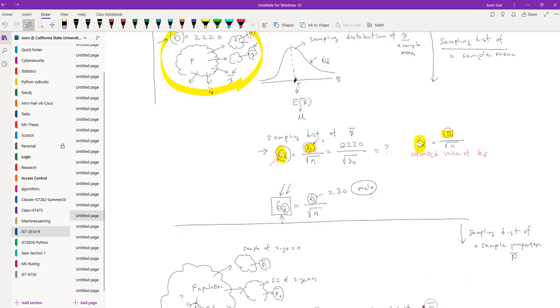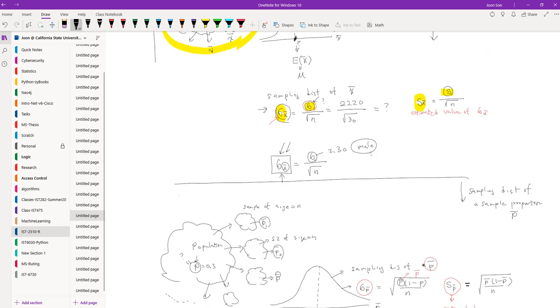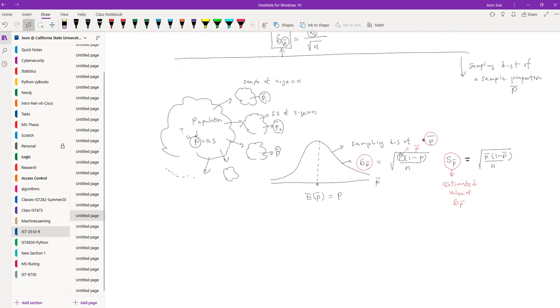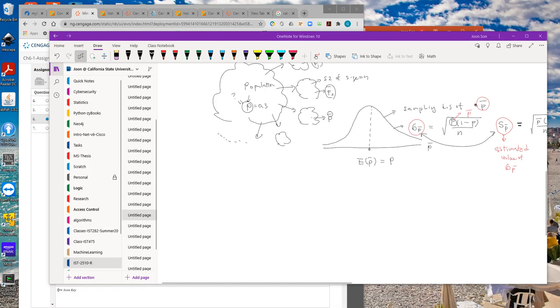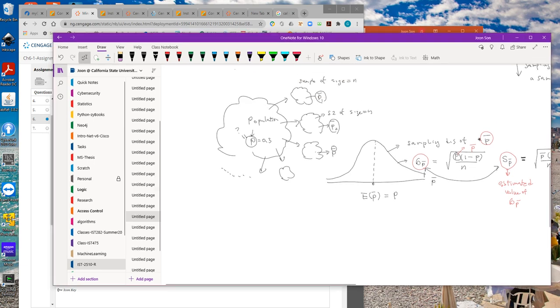Just like in the previous case, I want you to know the difference between this and this, which is the estimated version of sigma P bar. S sub P bar means the estimated value of sigma P bar. Having said this, now let's take a look at the problem.